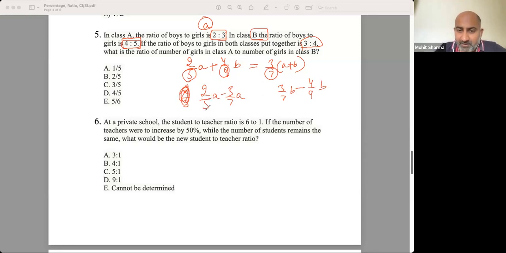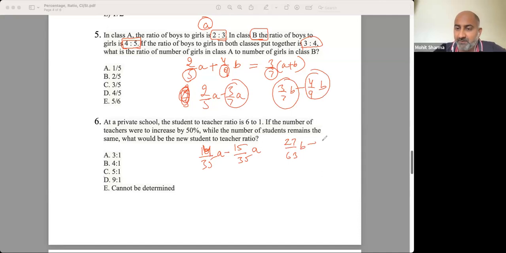So, I mean, this would be 14 by 35A minus, multiply, divide by 5, 15 by 35A, multiply and divide by 9, 27 by 63B, minus multiply divide by 7, 28 by 63B. So minus A by 35 minus B by 63.